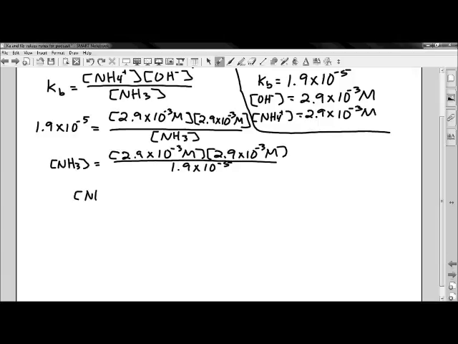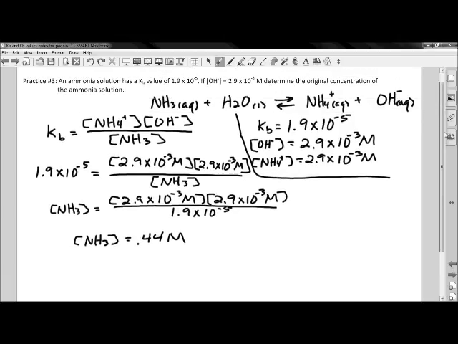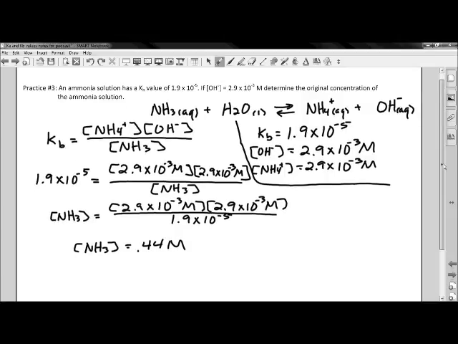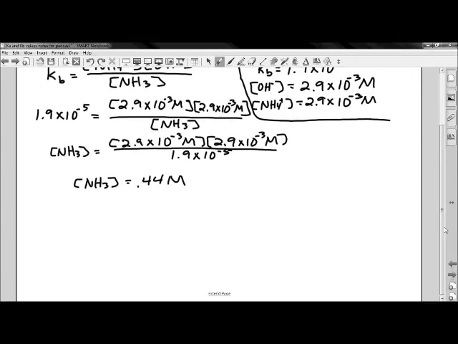I get NH3 is equal to, and I only have two sig figs here, 0.44 molar. Now, I have to be very careful here. Remember that this is the concentration once it reaches equilibrium, when you put it in and it mixes up and some of it dissociates. The original question asks, determine the original concentration. So, how do I determine my original concentration?